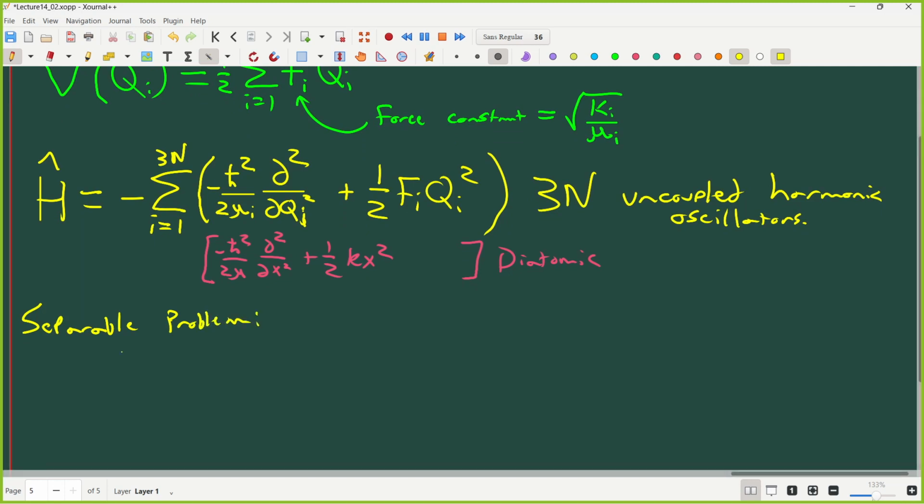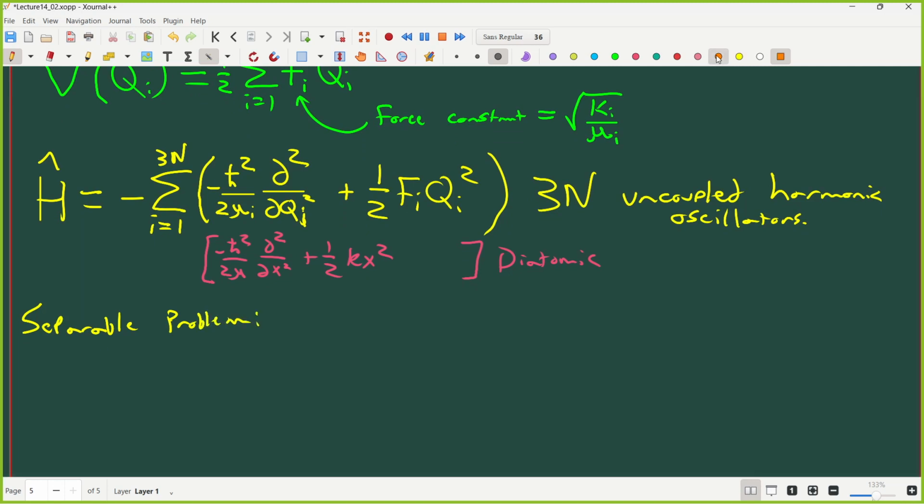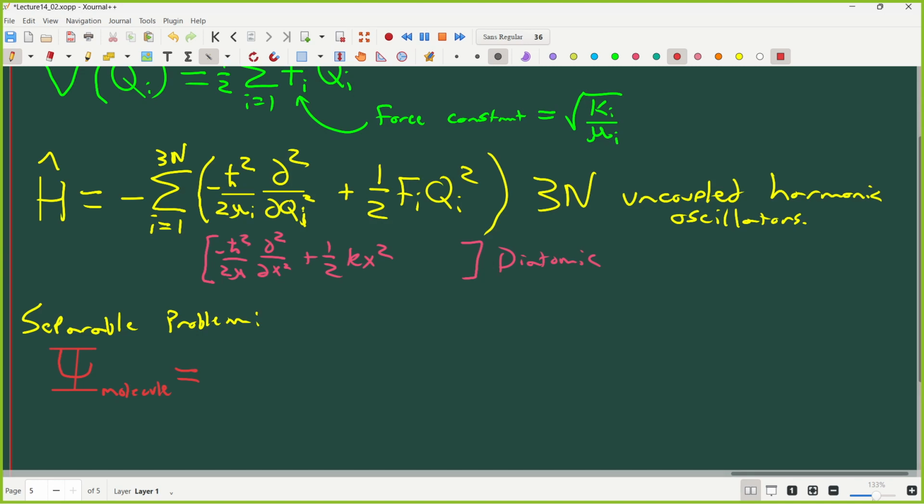All right, and when we solve the Schrodinger equation, we get that the total wave function of the molecule is going to be the product of the wave functions for each of the coordinates.